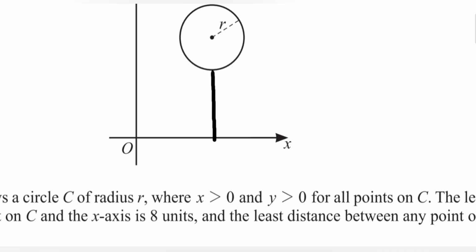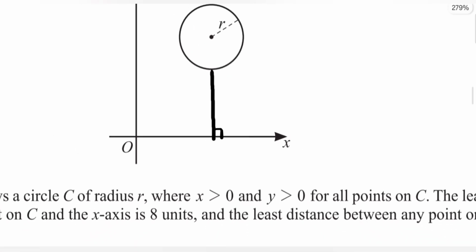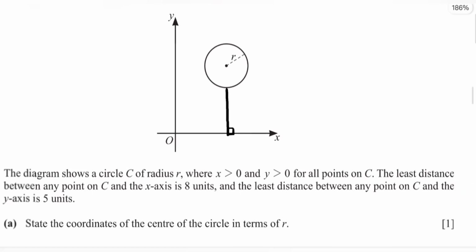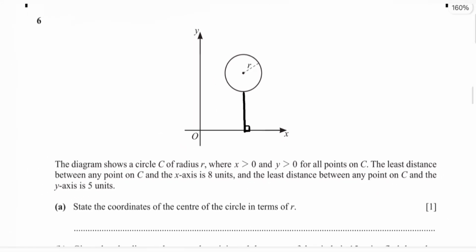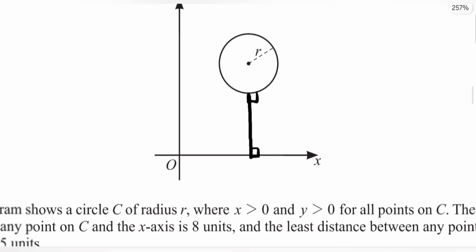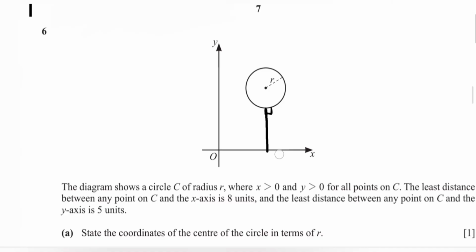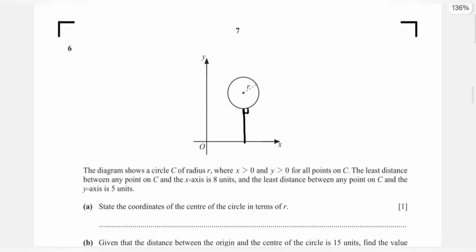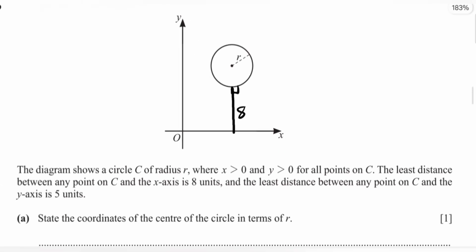So to be like that, right? That's the least distance, right? The one that gives us 90 degrees here, right? Like that. So we're told that's 8 units, right?